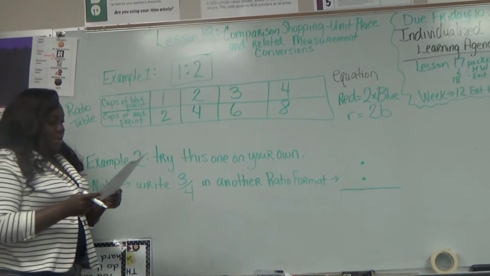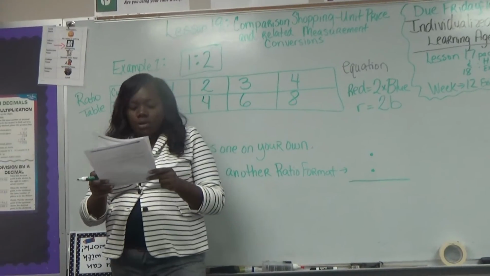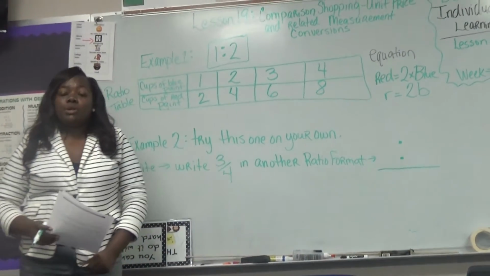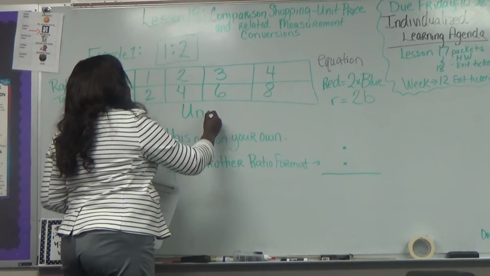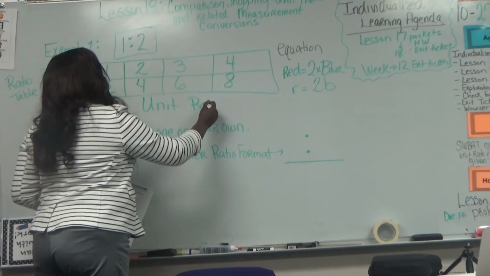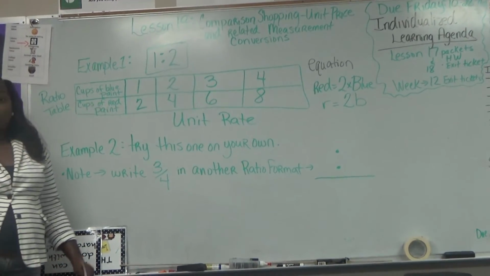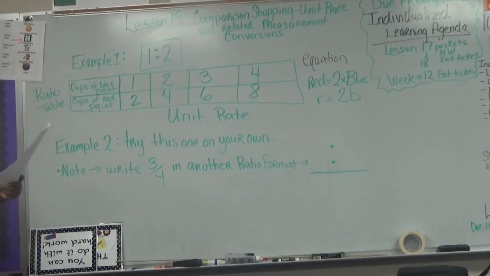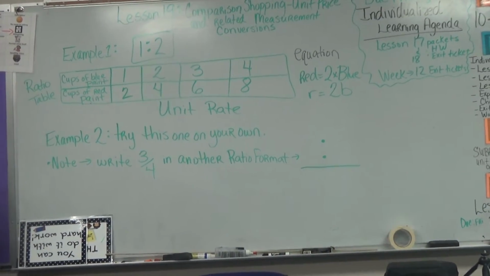Alright, so let's move right along. We are going to answer the question: examine the table and identify the unit rate. Anytime you hear the word unit rate, you're trying to figure out something that deals with the number 1. So how do we find the unit rate? We simply divide.